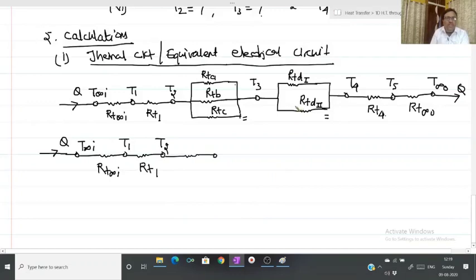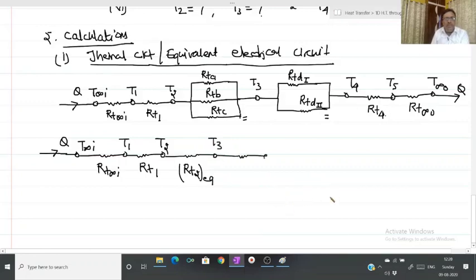Now let us say the equivalent thermal resistance of RTA, RTB and RTC is represented by RT2 equivalent between temperatures T2 and T3.